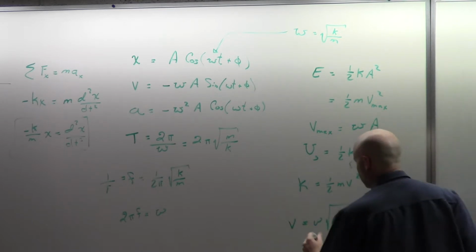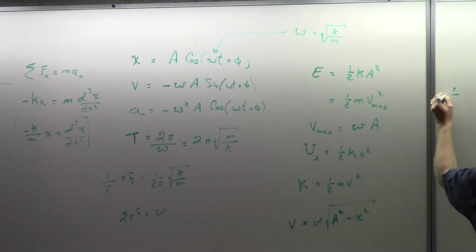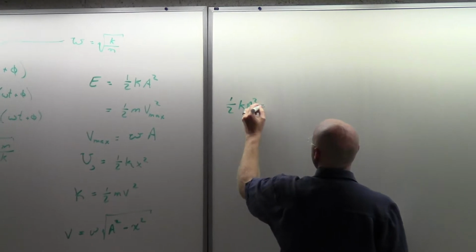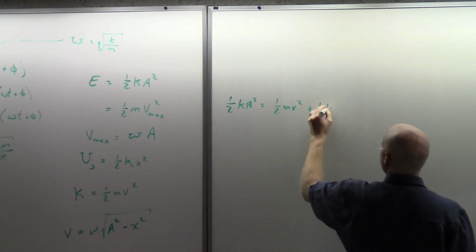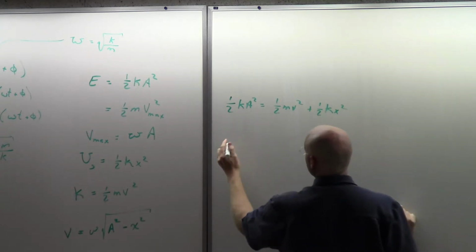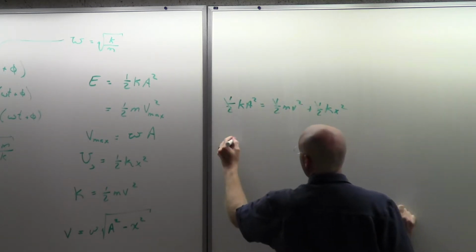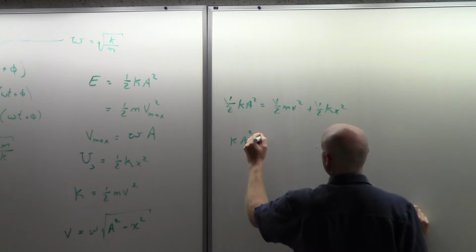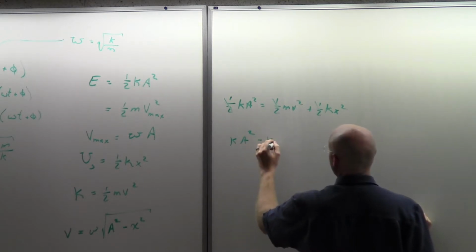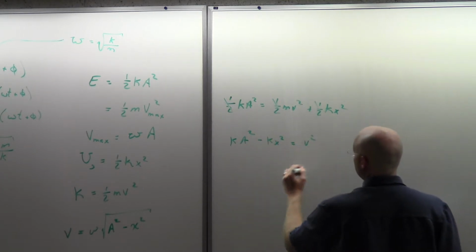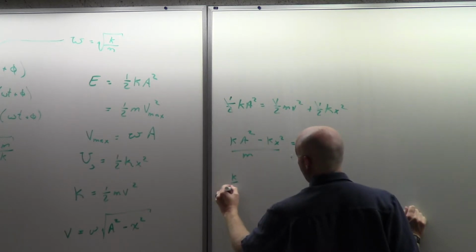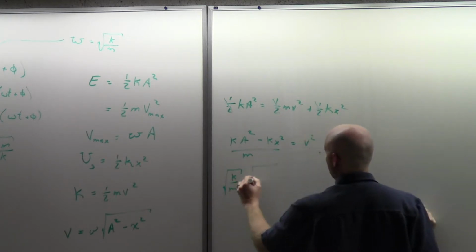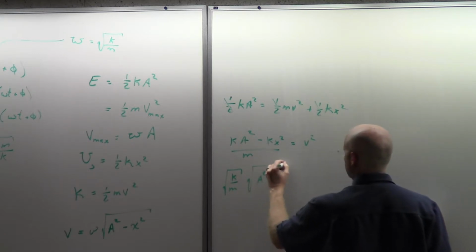That doesn't look right. Let me think about that for a moment. 1/2 kA squared equals 1/2 mv squared plus 1/2 kx squared. So I move this over to here, get rid of the halves, I get kA squared minus kx squared. Yeah, okay, all right, now it's looking good. Equals mv squared, and so the square root of k over m times the square root of A squared minus x squared is equal to v.